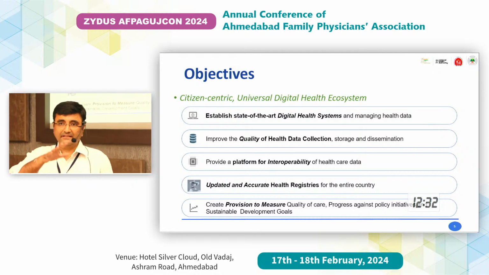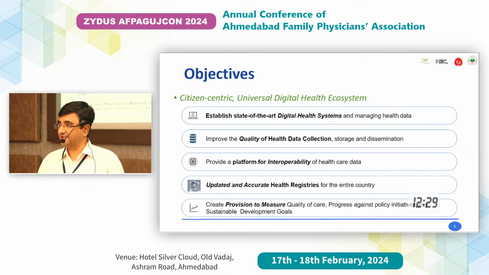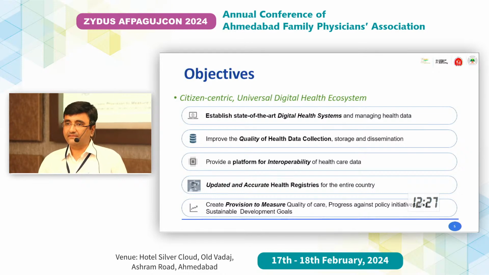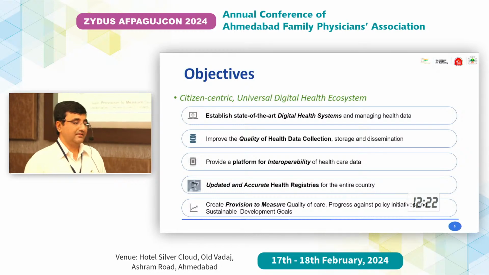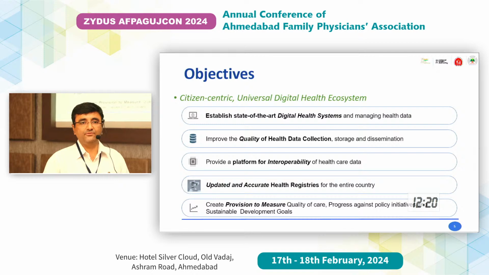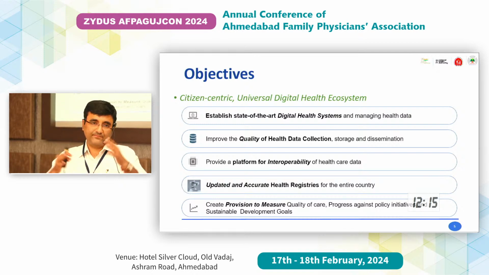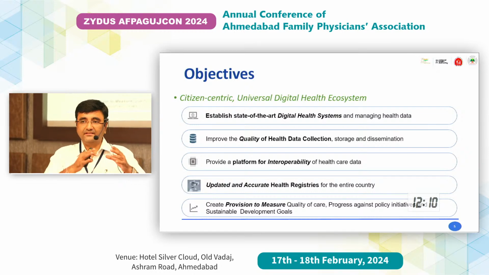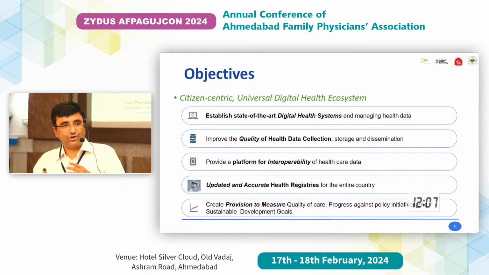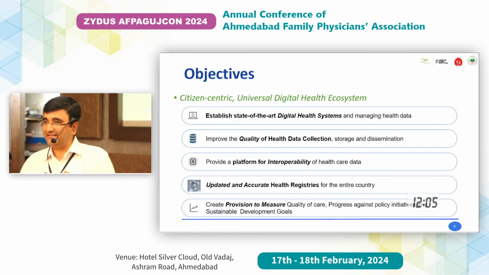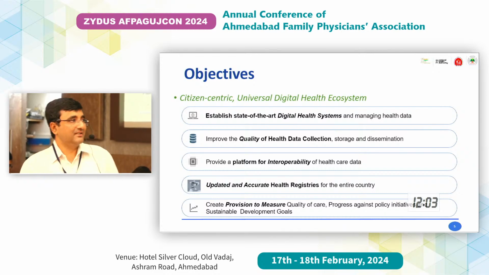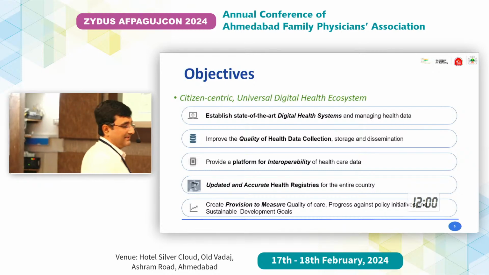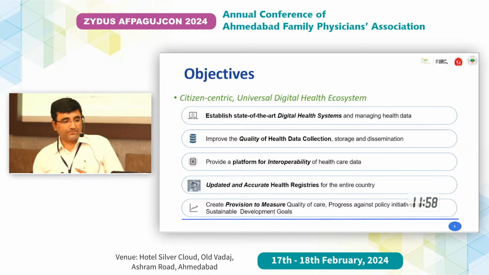There are multiple physicians and practitioners in the system, and many of you may be using different systems, isn't it? Many hospitals, nursing homes or private labs may have different systems, and it is obvious. So as a citizen, practitioner or fraternity at large, wouldn't it be useful if these entities and systems can talk with each other and exchange data? So this is the USP of this entire mechanism, a platform for interoperability.